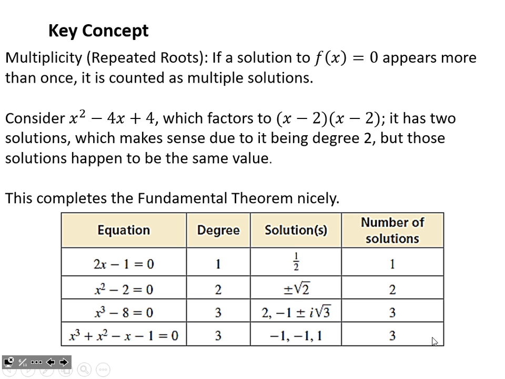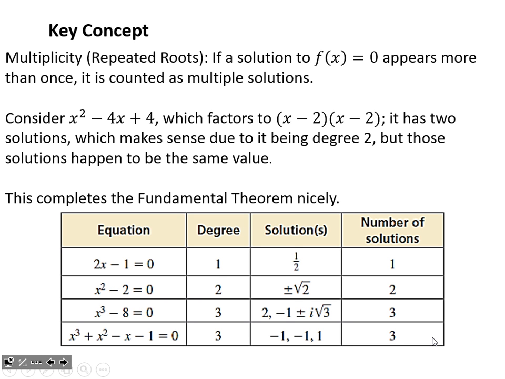For the next one, x to the third minus 8, a difference of perfect cubes. This had 3 for its degree. We had 1 real solution of 2, and then 2 imaginary solutions, the -1 plus i root 3 and -1 minus i root 3. So again, we got 3 solutions, 1 real, 2 imaginary. And then the final equation, x cubed plus x squared minus x minus 1 equal to 0.